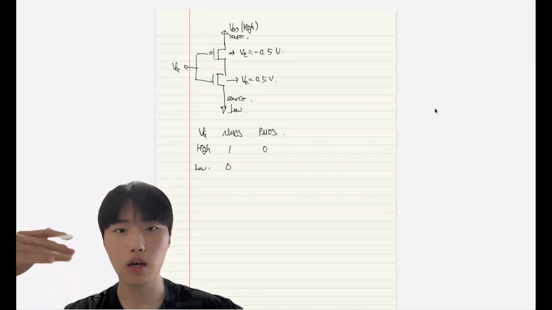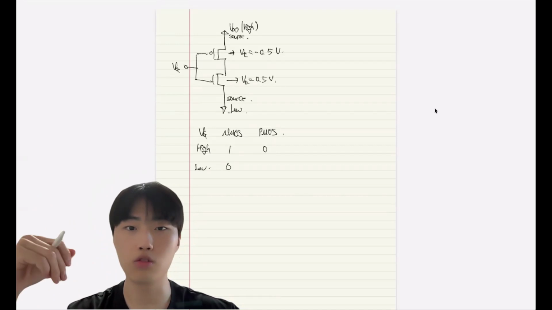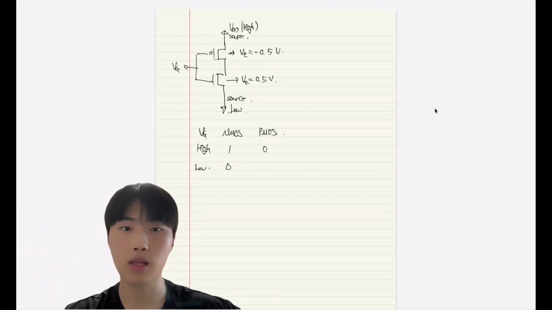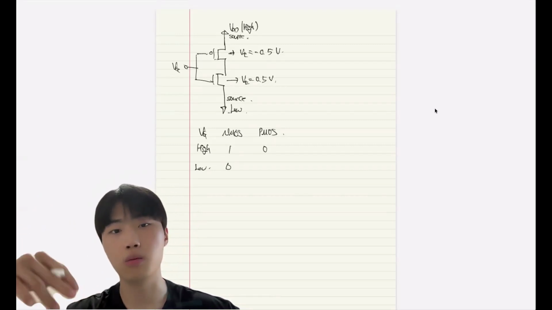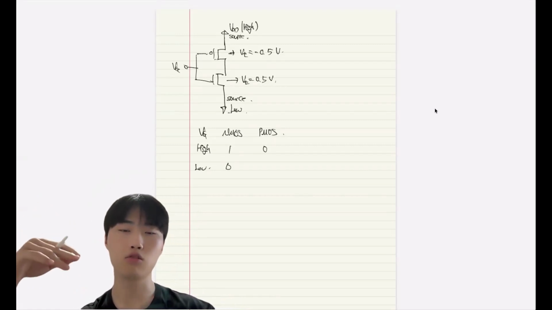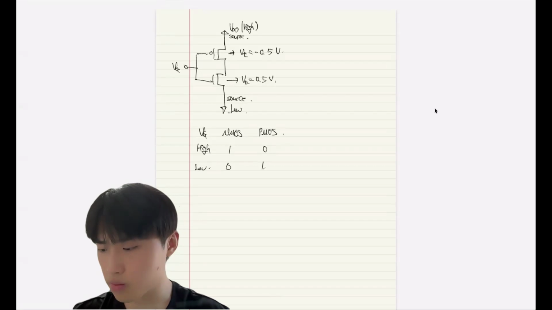The absolute value of the threshold voltage will be 0.5 volt, and the VSG will be bigger than the threshold voltage, so the PMOS will be 1.